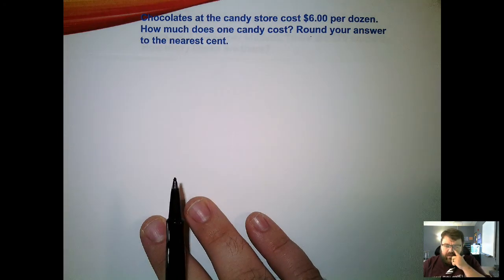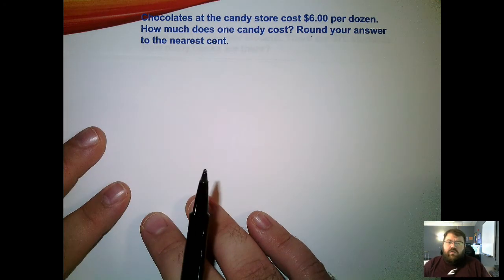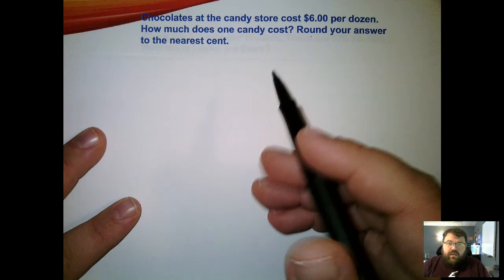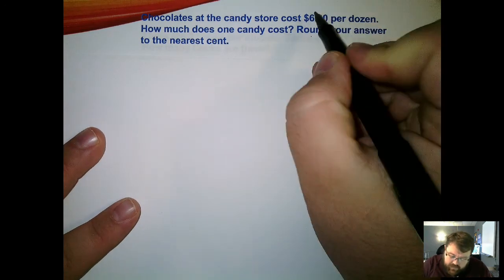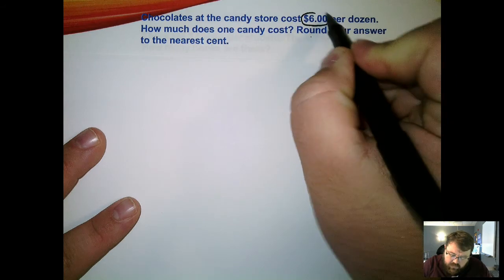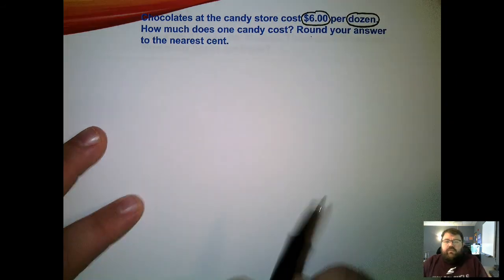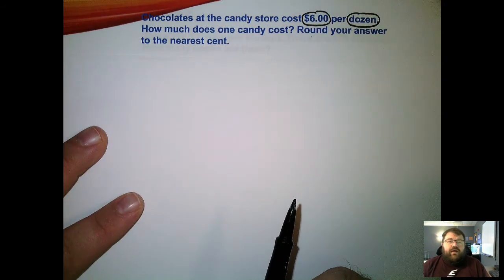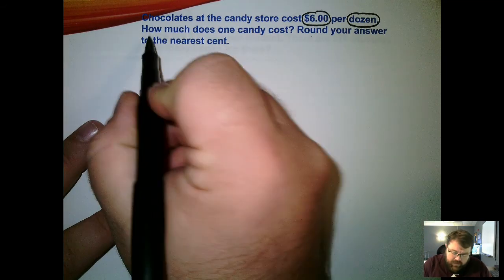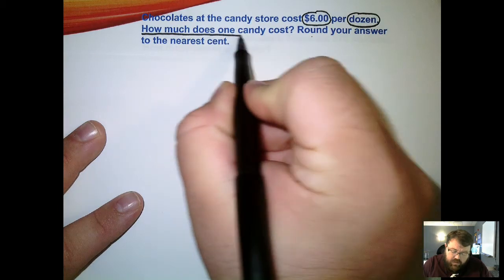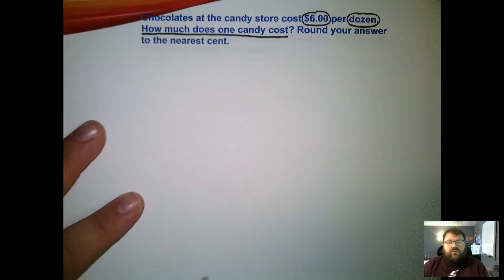So the first thing that we want to do is circle any numbers that we see. So we have $6, and then we have a dozen. Now we're going to underline our question: How much does one candy cost?